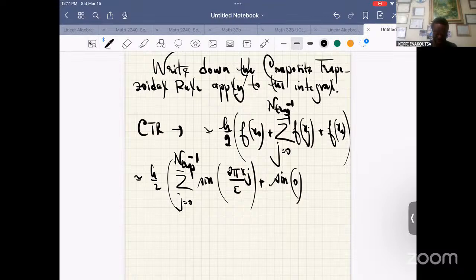The integral goes from 0 to 1, so the last term will be 1.